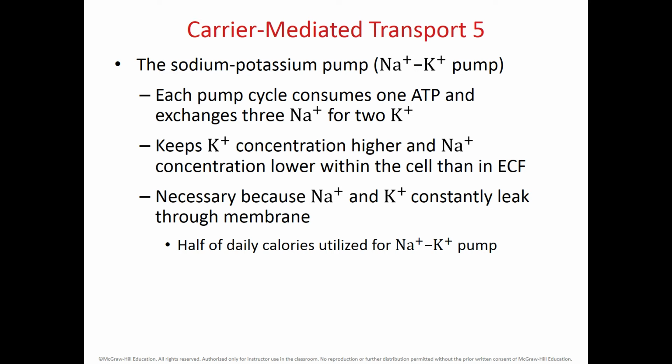Because of the action of this pump, you exchange 3 sodiums out of the cell while bringing 2 potassiums into the cells. So this is the dynamic equilibrium or homeostasis that we were talking about. You have changes in concentrations of ions, in this case sodium and potassium, to maintain these nerve cells and muscle cells functioning properly, so to maintain homeostasis.